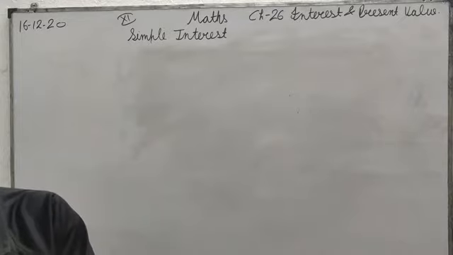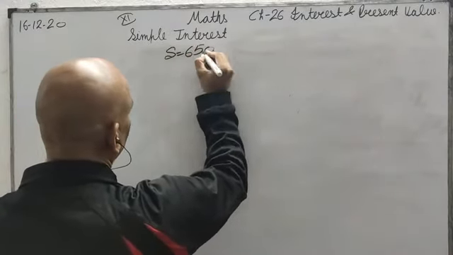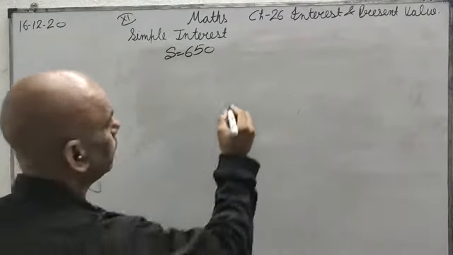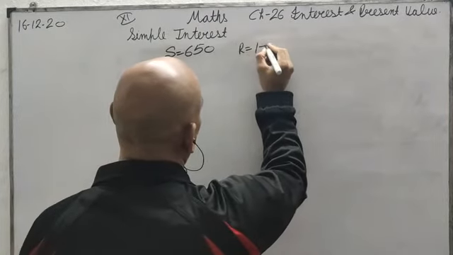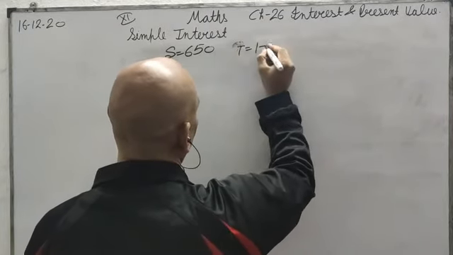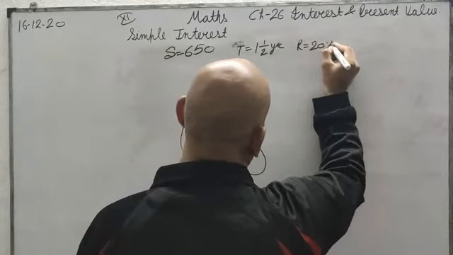So what he is saying is that the amount is 650 rupees in 1.5 years at 20%. Time is 1.5 years, and rate is 20%.